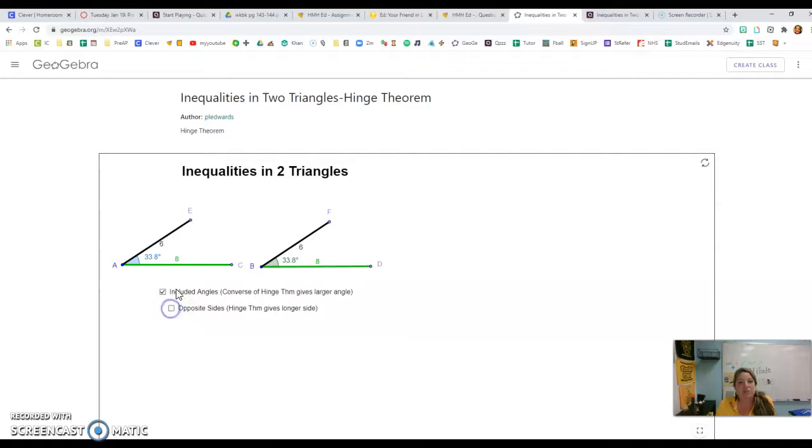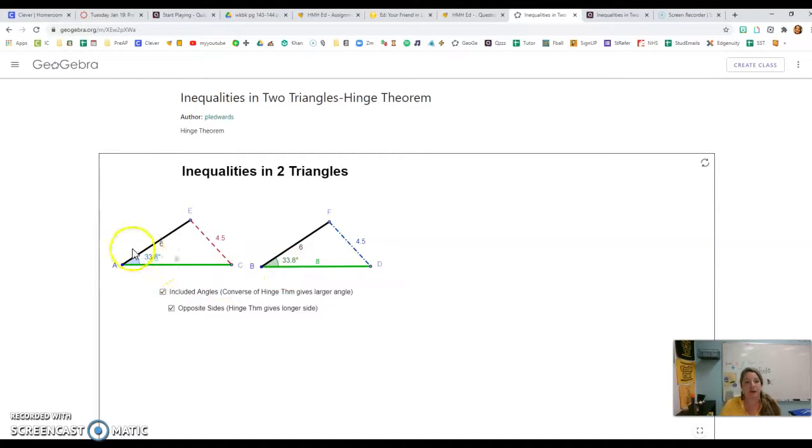Because we have side, angle, side, and side, angle, side, and they're congruent, and I took away that third side because I want to show you this, I know that the opposite sides, the 4.5 and the 4.5, the red and blue sides, are the same because they're congruent. But what happens with an inequality? Remember, they're not equal. One's bigger, one's smaller. So what happens to the side lengths if you change those angle measures?